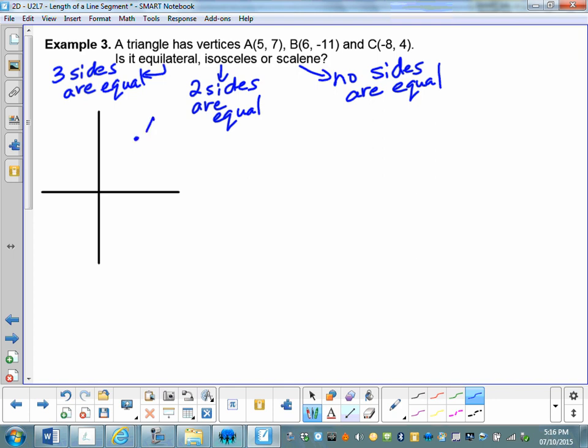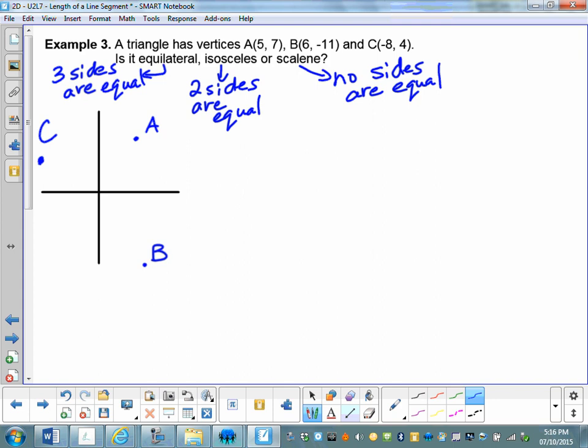I'll call that A. Point B is 6, negative 11, so a little bit further to the right and a little bit lower. That would be B. And then C is negative 8, 4, which we'll say is over in this area right here.